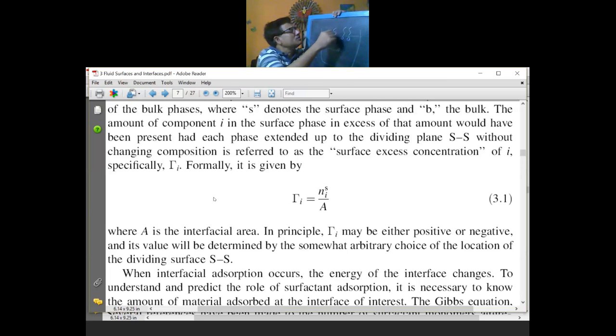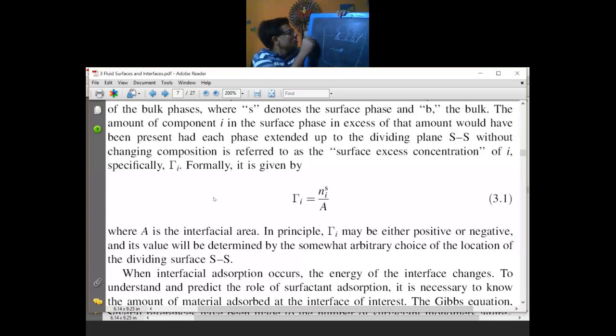If I consider a unit cross-sectional area, an imaginary plane, then as I go lower into the bulk, the number of surfactant molecules per unit cross-sectional area would be less. Because of the interfacial adsorption, the number of surfactant molecules at the interface will always be higher per unit cross-sectional area compared to the bulk.